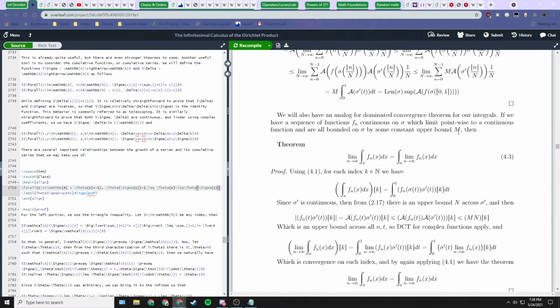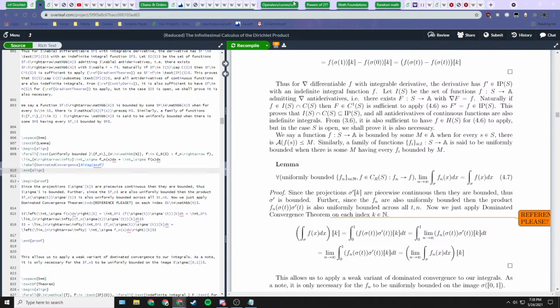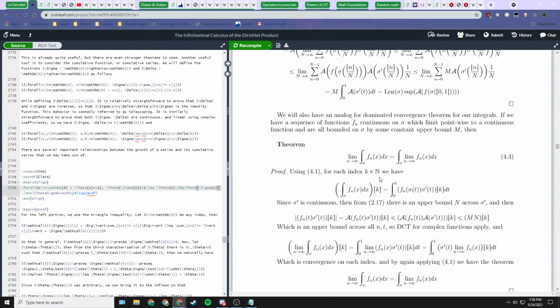Okay, so we just have a sequence of functions, continuous on sigma, that limit pointwise to a continuous function, and are all bounded by some constant upper bound. So, uniformly bounded, integrable functions, which limit pointwise. Is that actually the condition that we have? No, we just have C sub r, which I don't know what that means.